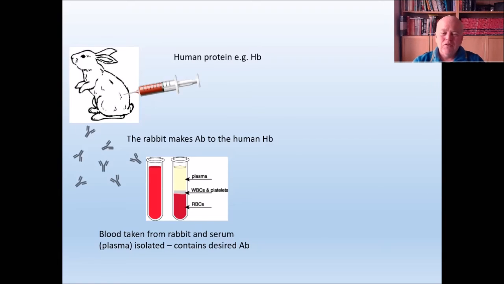This is the plasma component, and that plasma part would contain our antibodies. We can use something as simple as centrifugation to spin our blood sample from our rabbit. We'll get our red blood cells, white blood cells, and platelets, and we're left with our plasma. We can then remove the plasma, and in that plasma we would have the antibodies that were generated in response to the injection of the hemoglobin.